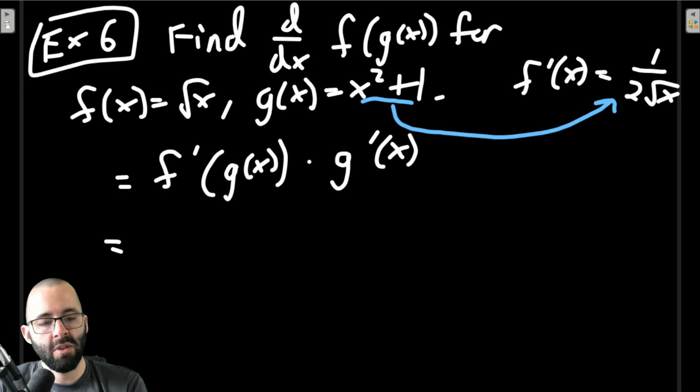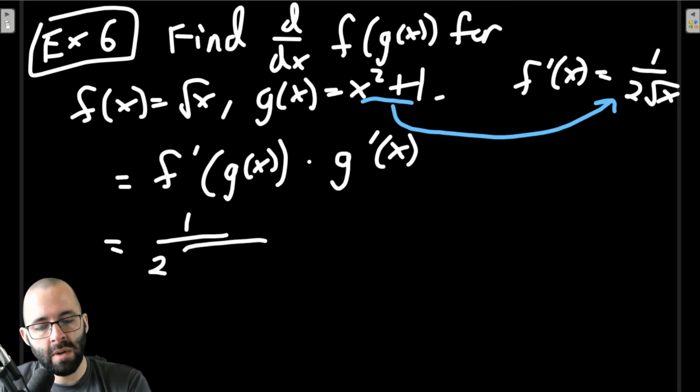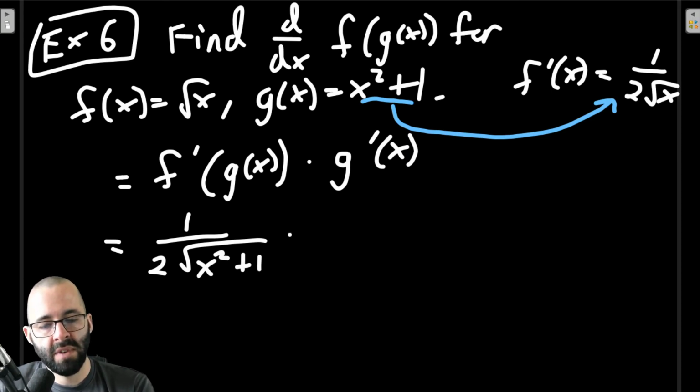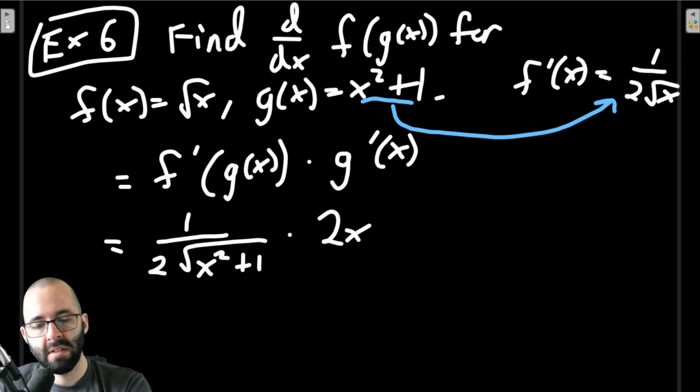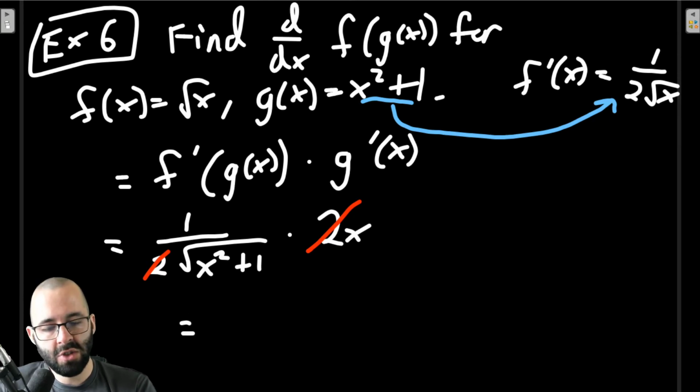Replace all the x's in the derivative with g. Get 1 over 2 times the square root of g, which is x squared plus 1, times g prime, which is 2x. We get a little cancellation. 2 on the top, 2 on the bottom. And we get our final answer, which is just x over the square root of x squared plus 1.